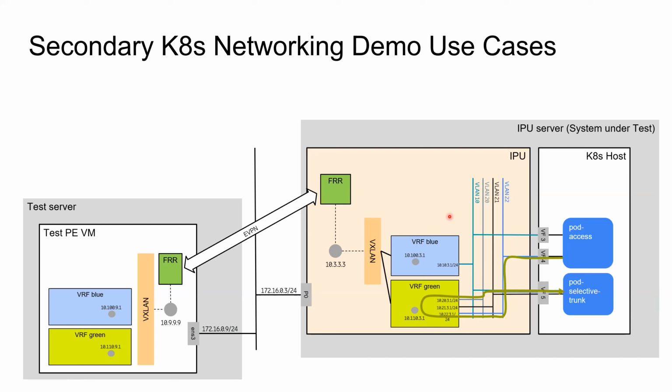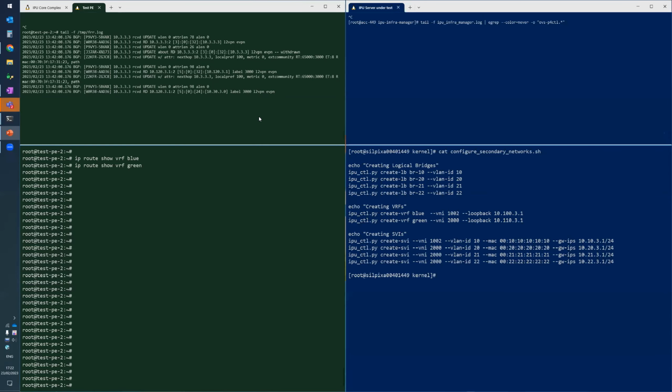So let me then jump to my terminals. On the right-hand side, this is the Kubernetes host, where I'll execute most of the commands. On the left-hand side, you see the remote PE. And the top windows show basically just scrolling log entries, where P4 programming is shown on the top right-hand side for programming the pipeline on the IPU.